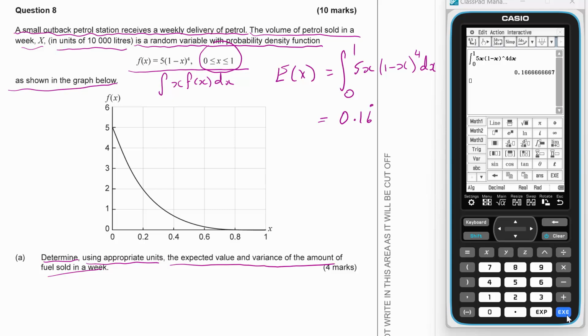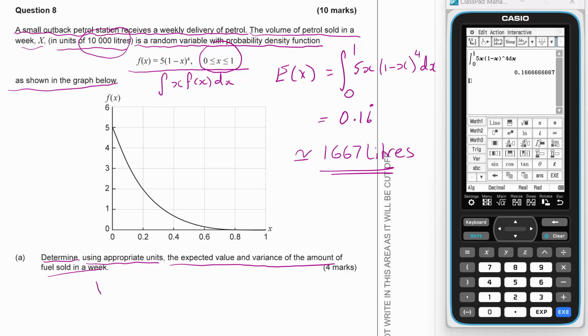Now remember, that's in 10,000 litres. So if we multiply that up by 10,000, it's going to be approximately 1,667 litres.